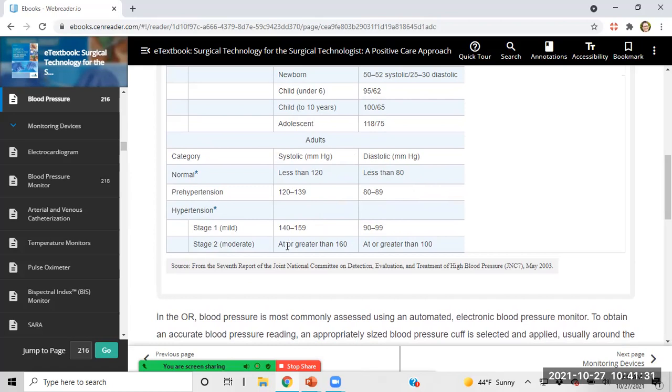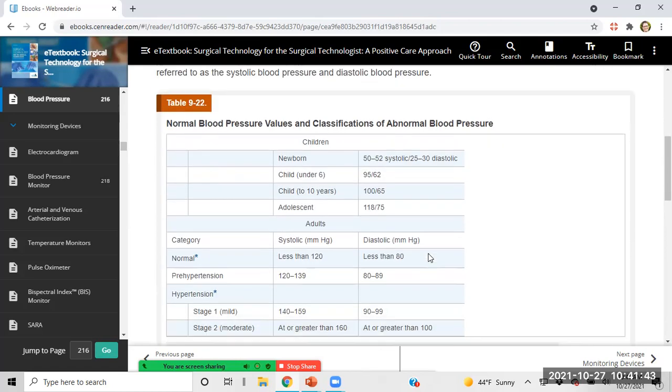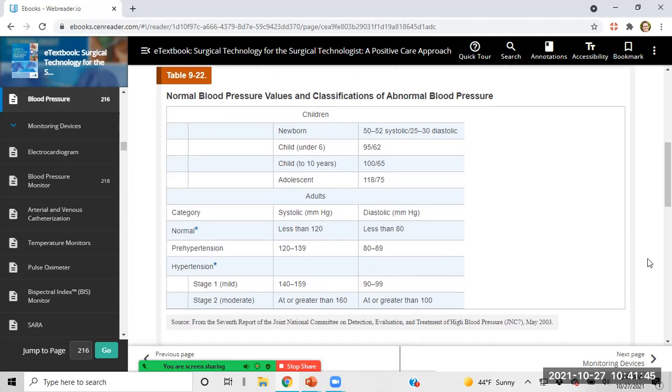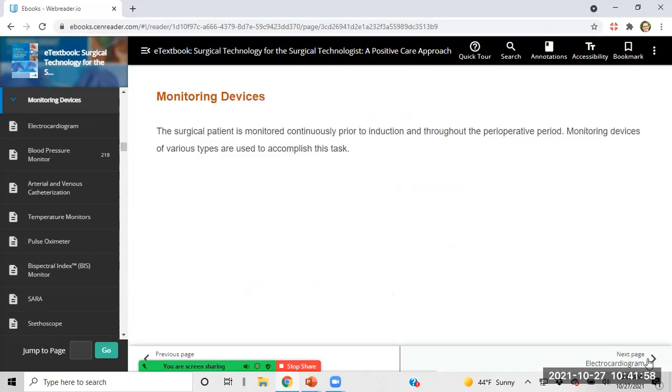And then hypertension, you can see, is 140 over 90 up to 159 over 99. Stage 2 is 160 over 100 or greater. These are the categories set in place by the JNC8, the committee that creates this standard. And then there are monitoring devices that you're going to see.